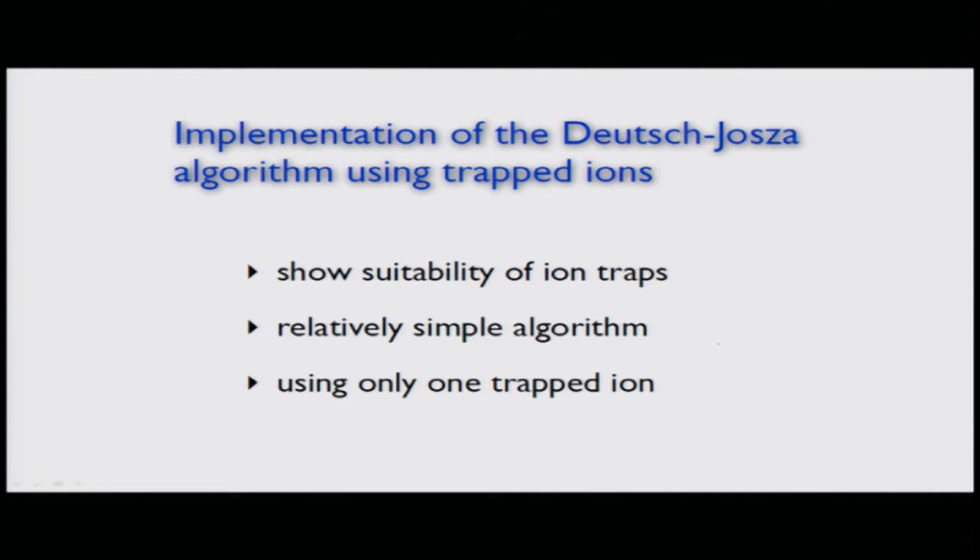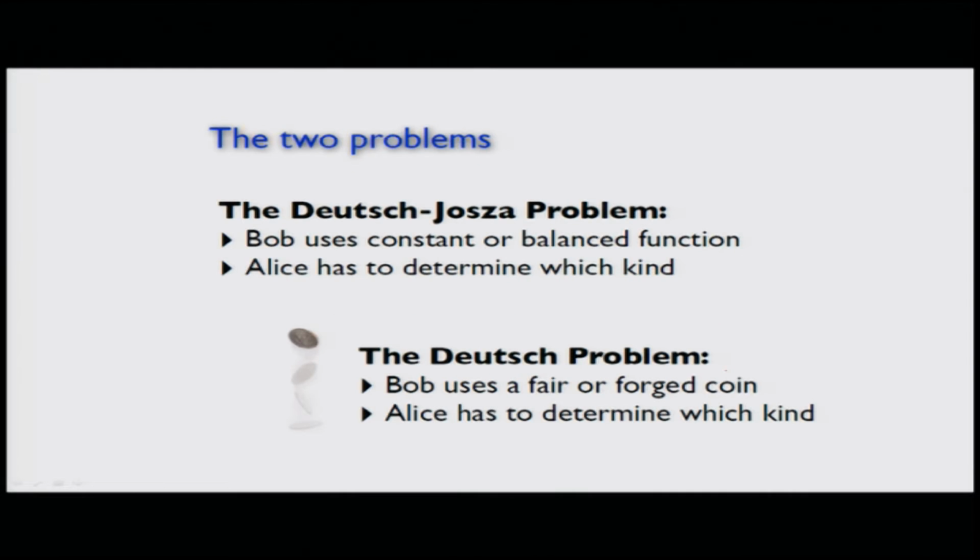Here is an example case of implementation of the Deutsch-Jozsa algorithm using trapped ions, which shows the suitability of ion traps in quantum information processing. It is a relatively simple algorithm, and in this particular case it uses only one trapped ion.